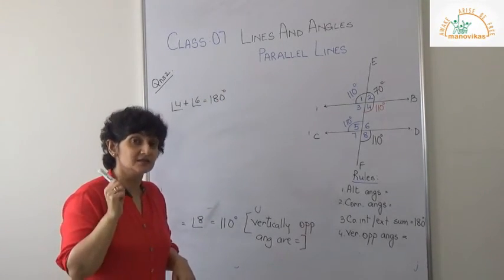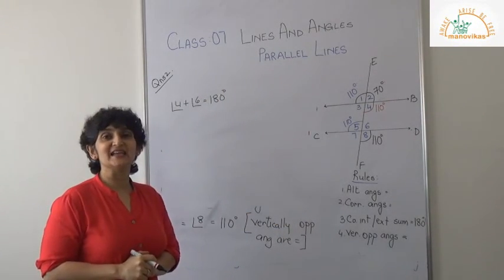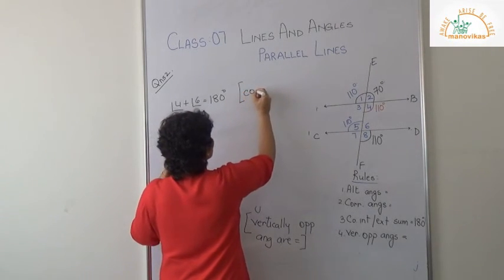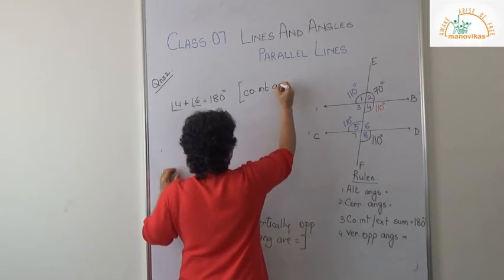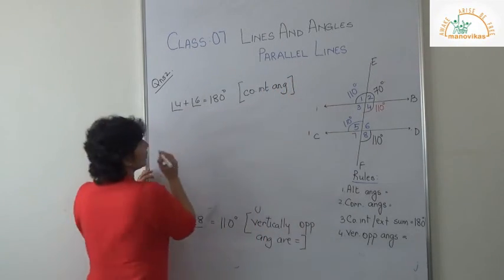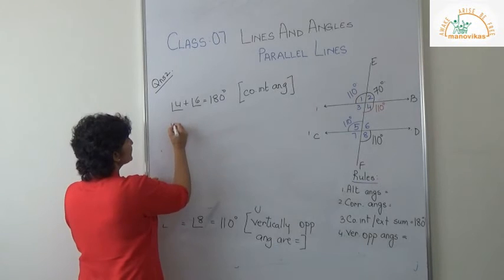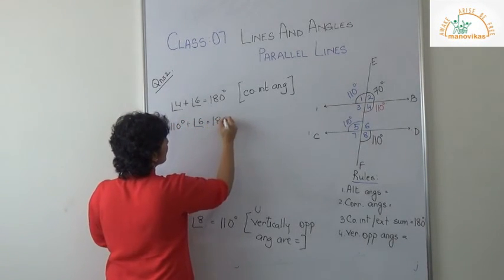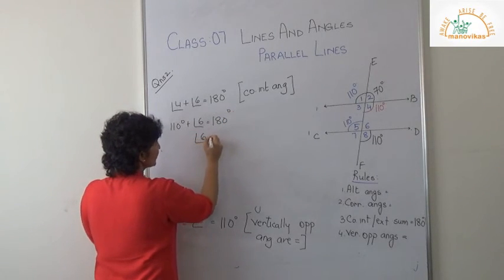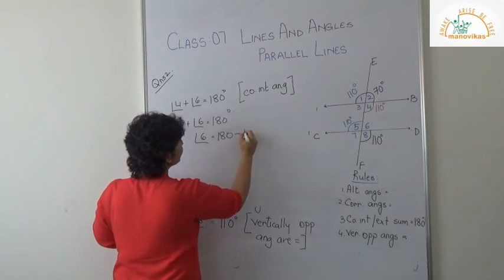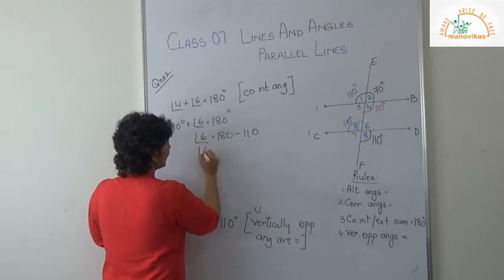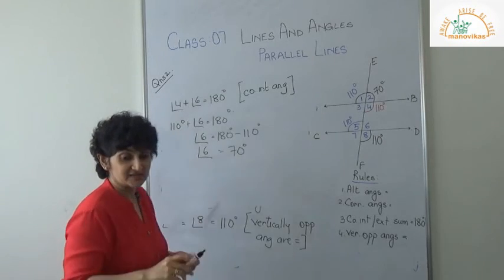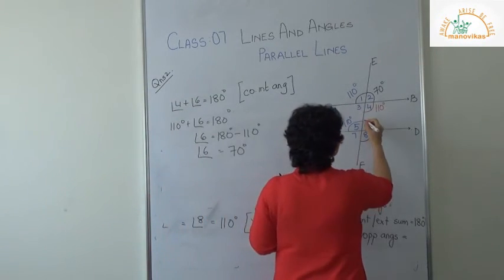What is my reason? The sum of co-interior angles is always supplementary, isn't it? Let's just write co-interior angles. Correct? So, what is angle 4? Angle 4 is 110 plus angle 6 is equal to 180 degrees. So, angle 6 is equal to 180 minus 110. So, angle 6 is equal to 70 degrees. So, I get this as 70.